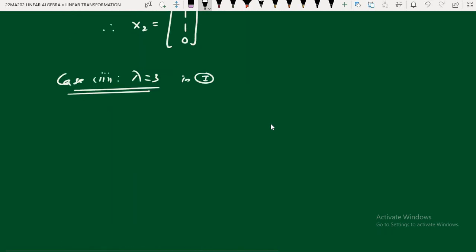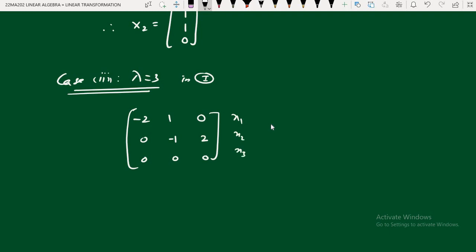So the matrix is minus 2 1 0, 0 minus 1 2, 0 0 0, into x1 x2 x3, equal to 0.